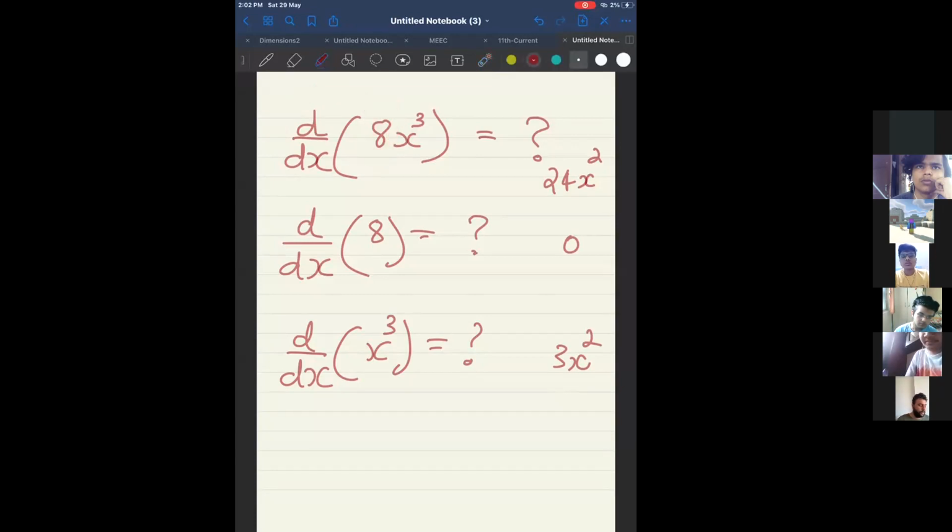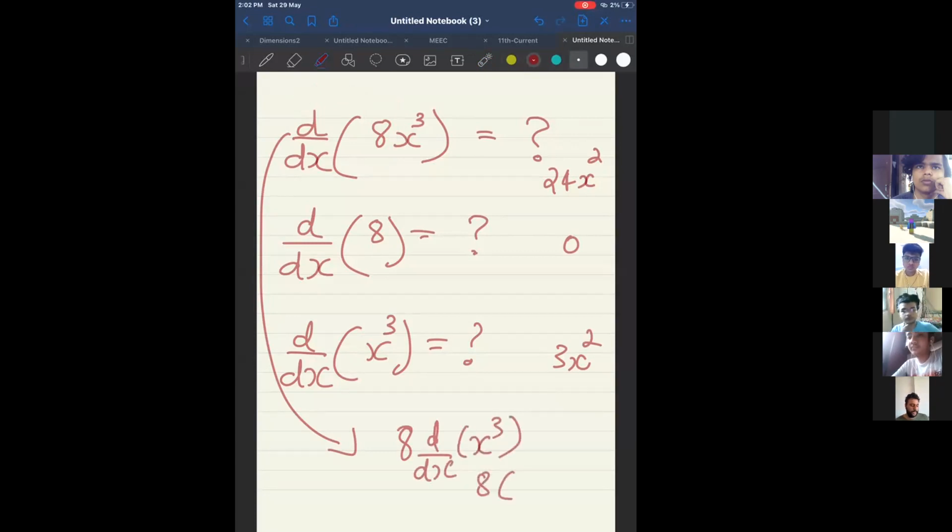Therefore, if I want to solve this, please look at the screen. 8 is a constant and it is d by dx of x cube. Now d by dx of x cube is 3x square. 8 into 3 is 24. Therefore, the answer is 24x square.